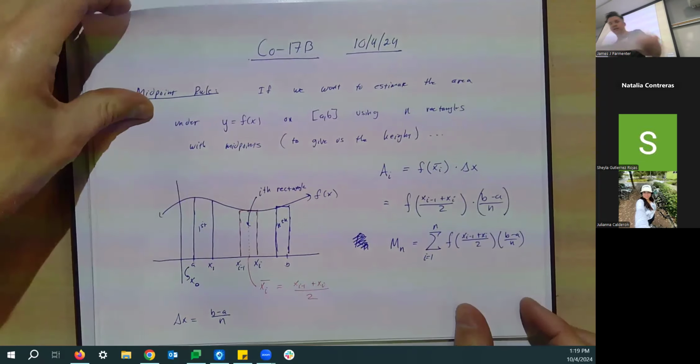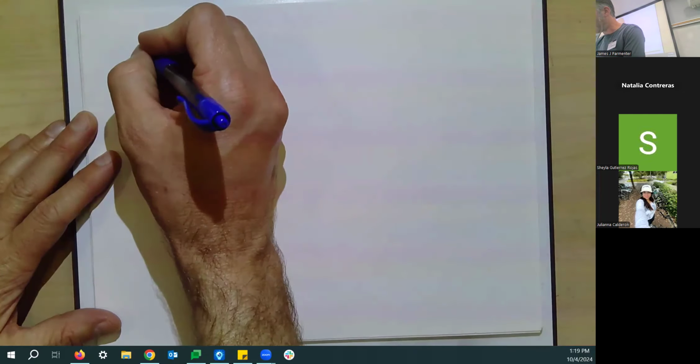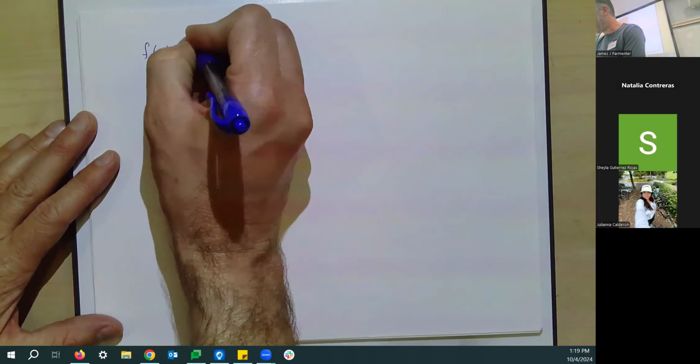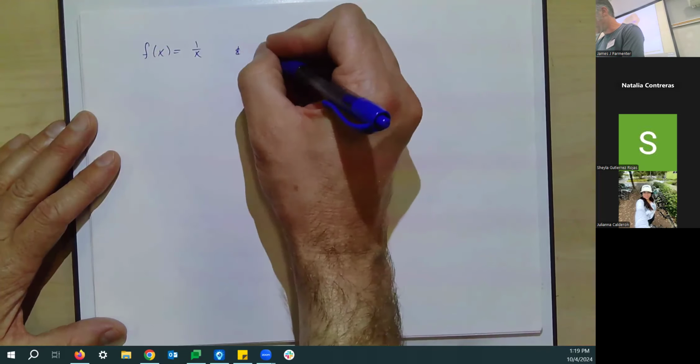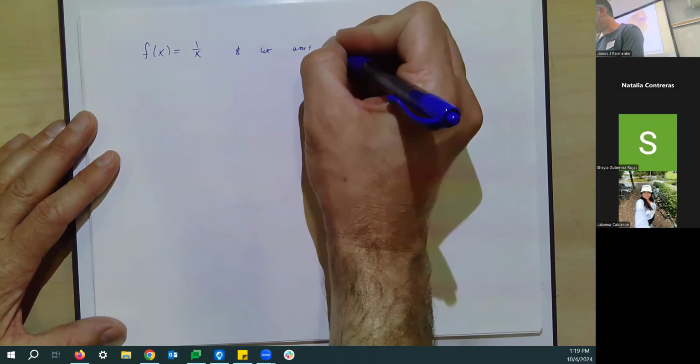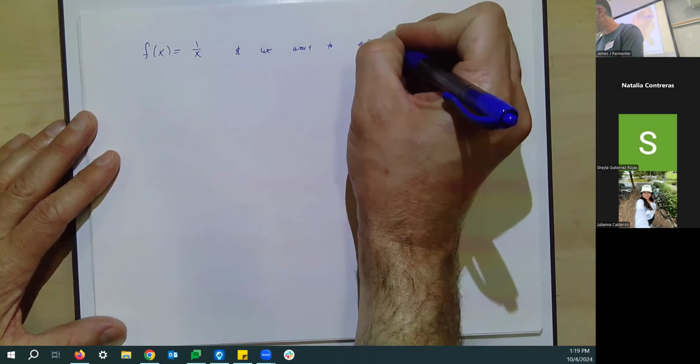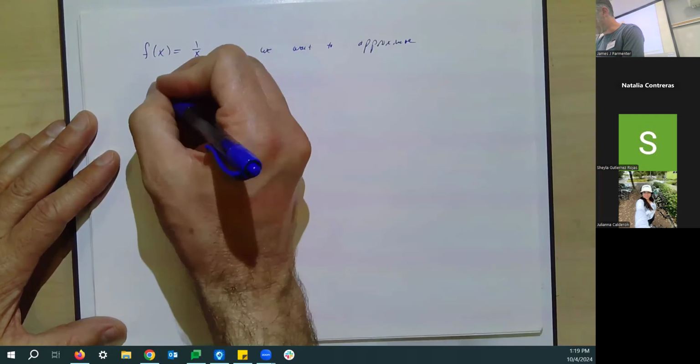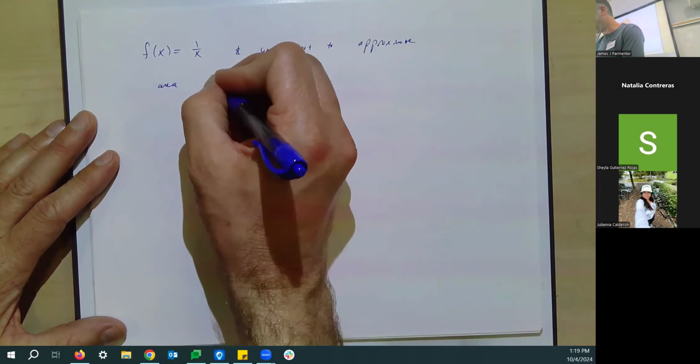So let's say we had something like, let's say our function is f of x equal to 1 over x, and we want to approximate the area using 4 rectangles, which is such a common choice.